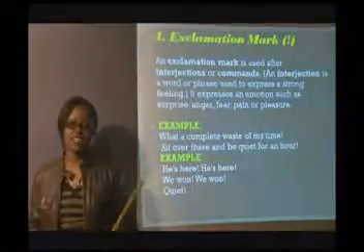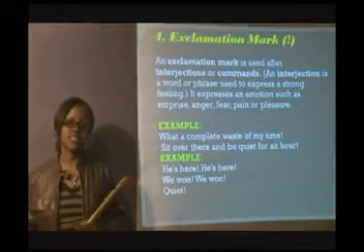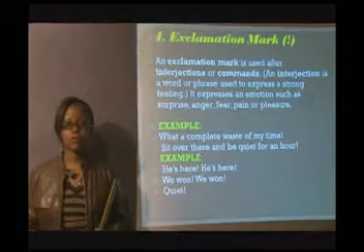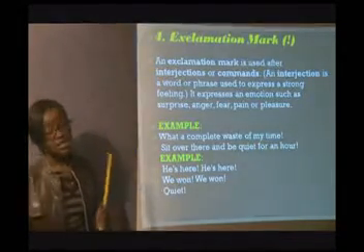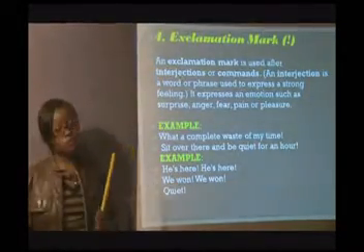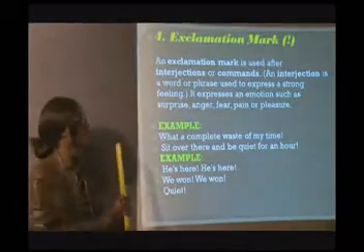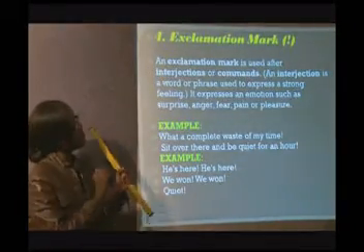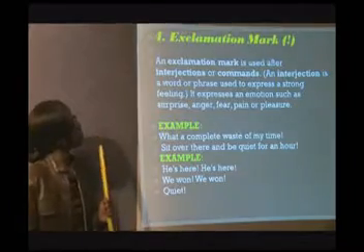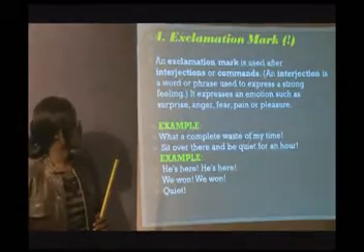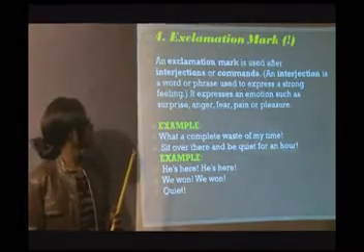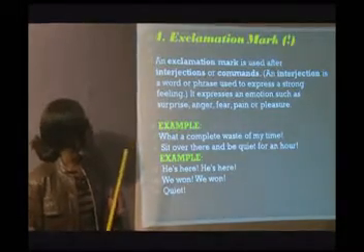I want us to discuss the fourth type of punctuation mark, which is the exclamation mark. The symbol for an exclamation mark is that symbol that you have at the end of that phrase. We say an exclamation mark is used after interjections or commands.